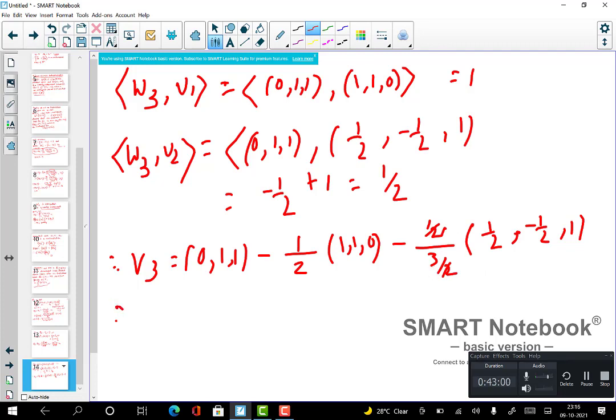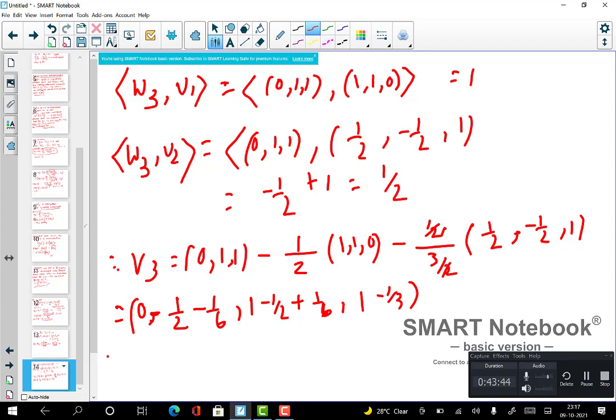So you have 0. The first coordinate will be 0 minus half, and then minus 1 by 6. The second coordinate is 1 minus half, plus 1 by 6. The third coordinate is 1 minus 0, and then minus 1 by 3.